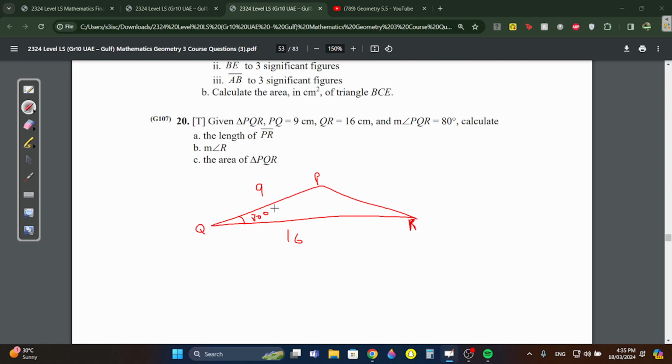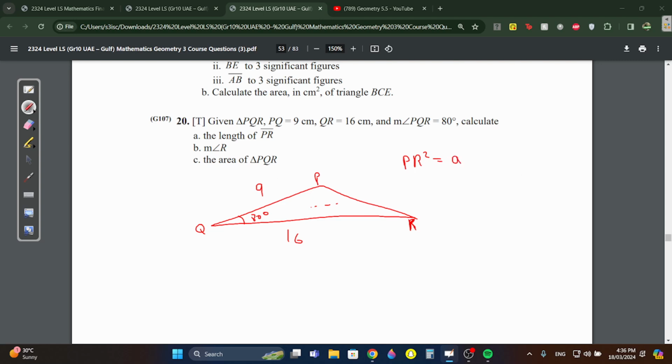Obviously, if you have two sides and the angle between them, you have to find the third side. You can always use the cosine rule. Wait, I forgot the formula for a second.